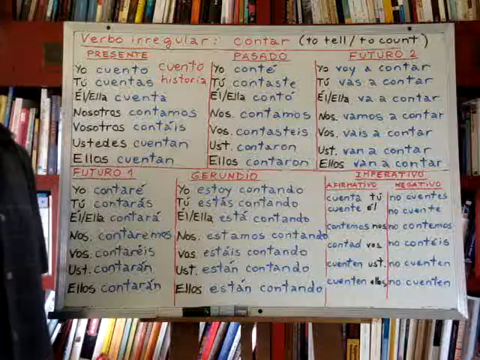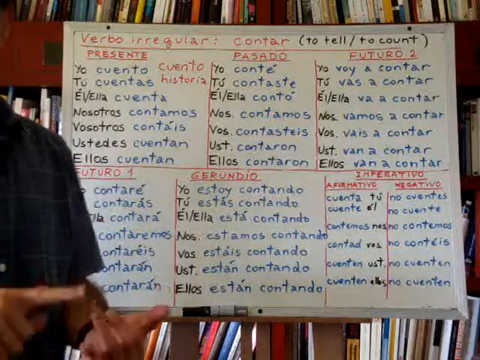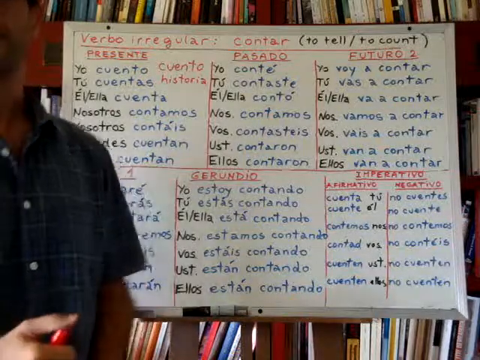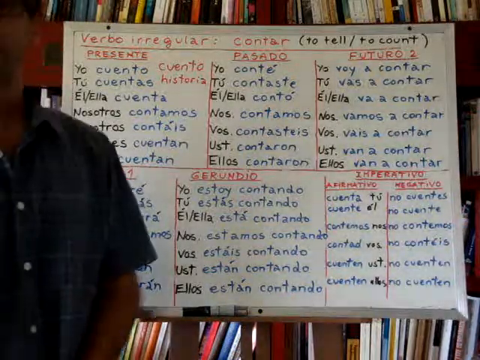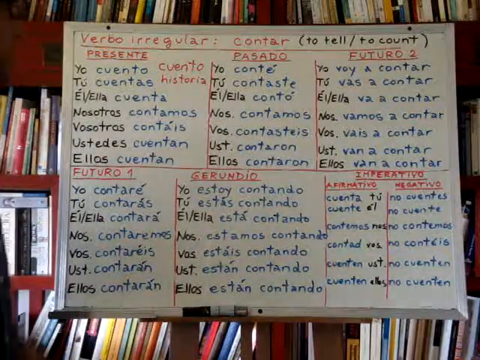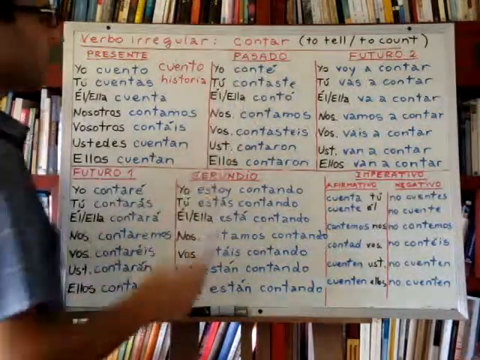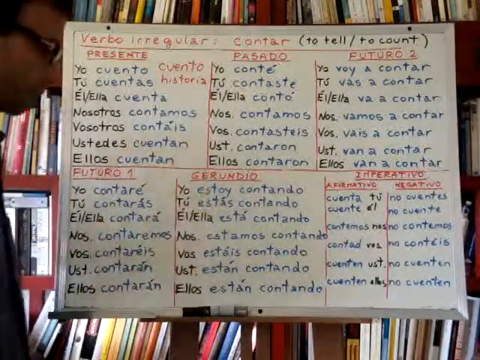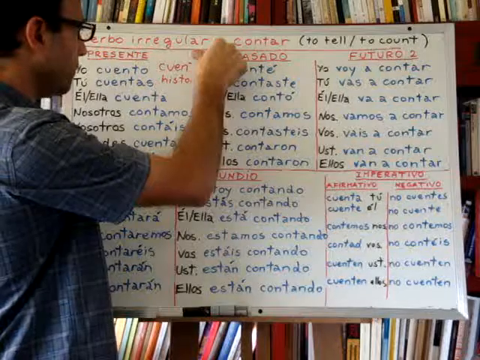Cuento is a lie, a joke, a parable, a child story, a fiction story, okay, you understand? So, contar is to tell or to relate, and it comes from the word cuento. Okay, let's erase this here.